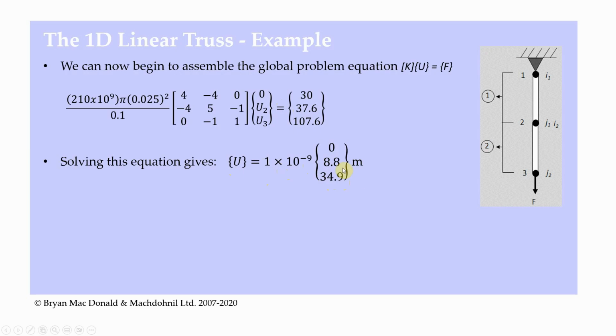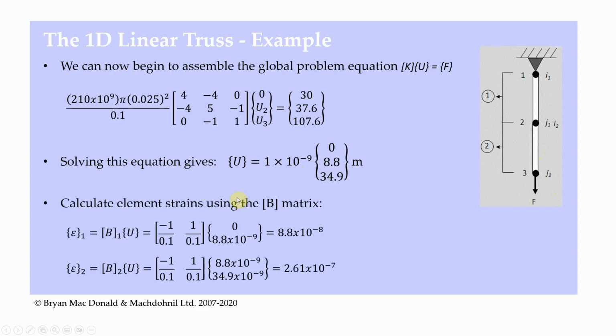This result makes sense because, given the loads that are applied and how it's constrained, I would expect node 3 to move more than node 2, and I would expect them not to move very much. Only 100 newtons is applied to a fairly significant cylinder of steel, so 10 to the minus 9 meters sounds about right.